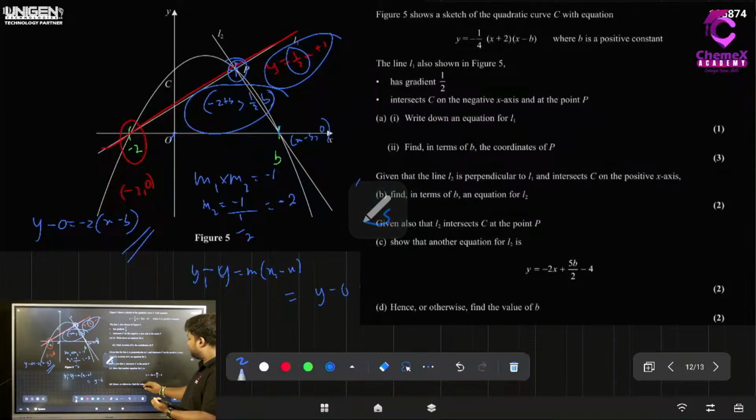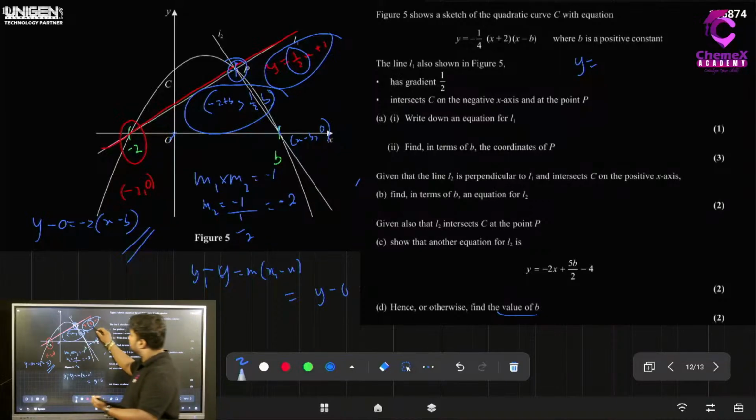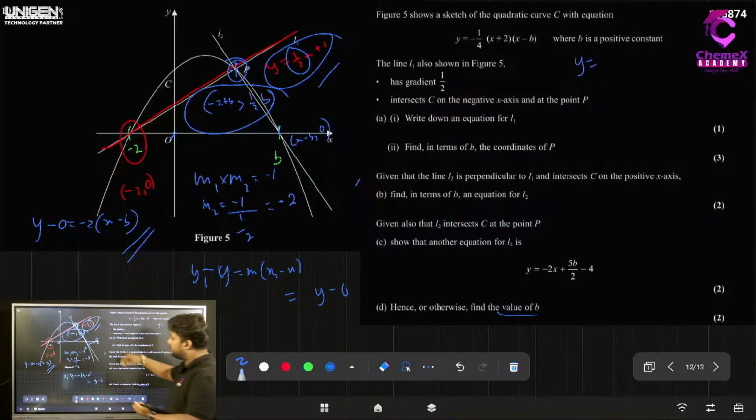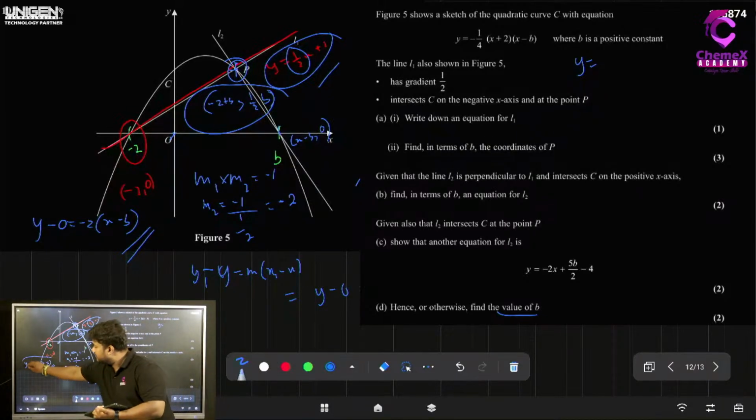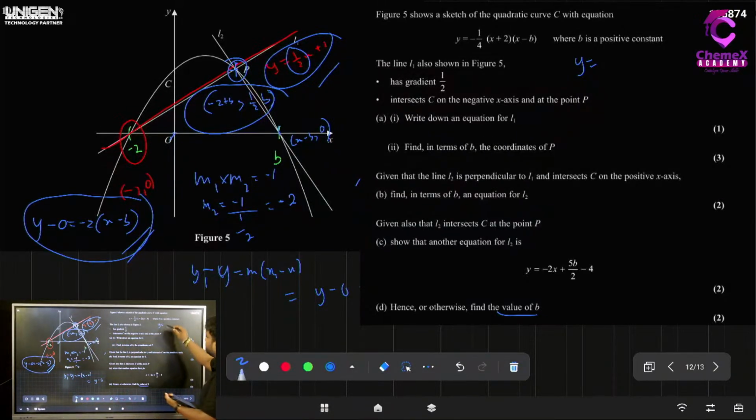We found the gradient now. So y equals what? It intersects with this equation as well as the other equation we found. So y equals minus 2x plus 2b is also equal to what?